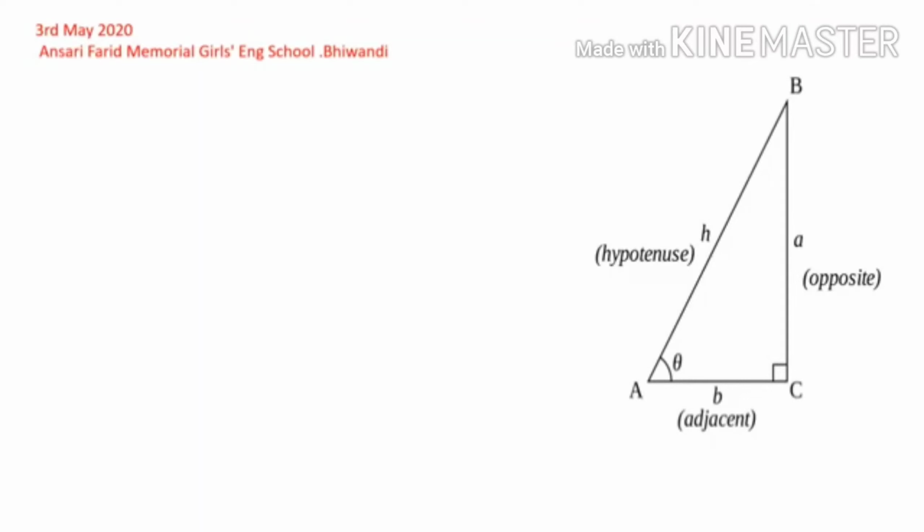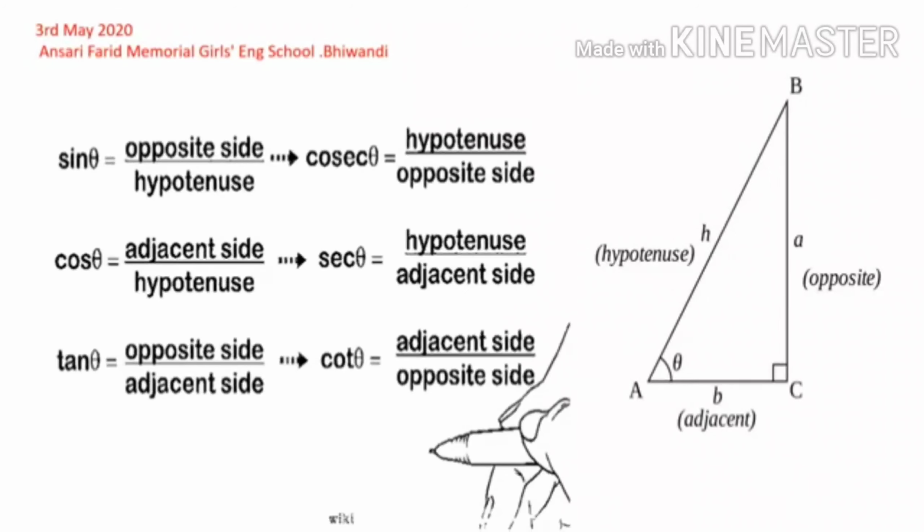Standing on theta, the side I labelled A is opposite to theta, B is adjacent to theta, and due to the 90 degrees, H is the hypotenuse. And you know there are 6 ratios: sine, cos, tan, sec, cosec, cot.